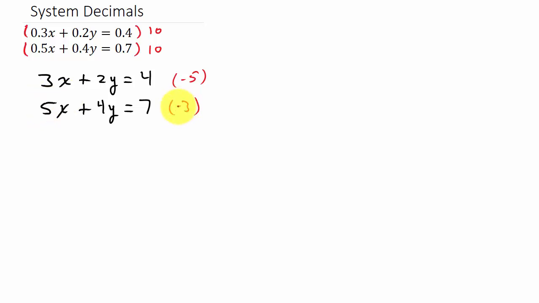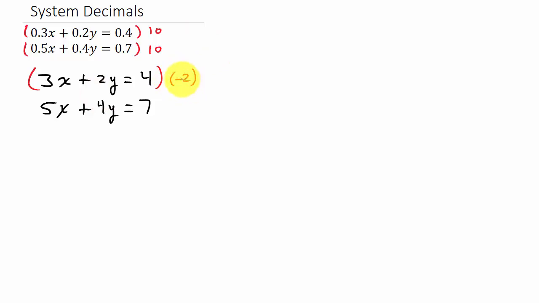If I wanted to, I could multiply by -3 and positive 5, which would give me positive 15 and negative 15, and if I add those together, the x's would go out. But instead of multiplying each equation by a number, it would be easier just to multiply the first equation by -2, because that would give me -4y, so I would have -4y plus 4y, which goes to 0. But either one you do will give you the correct answer.